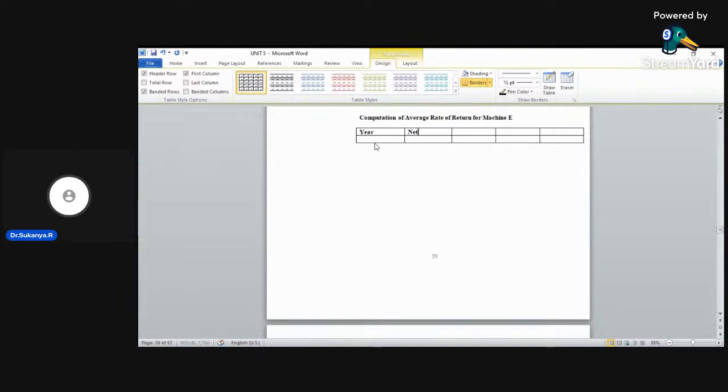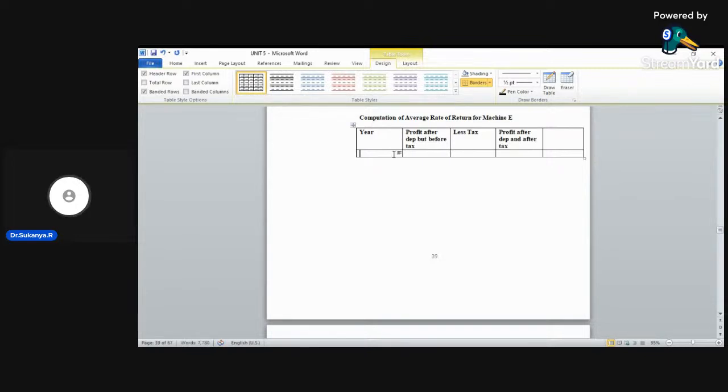Next column, they've given you the profit after depreciation but before tax, right? Before tax, they have given you. So you have to reduce the tax. You will get profit after depreciation and after tax.